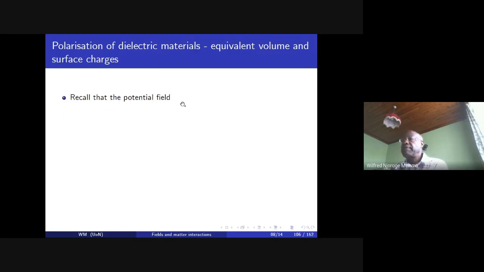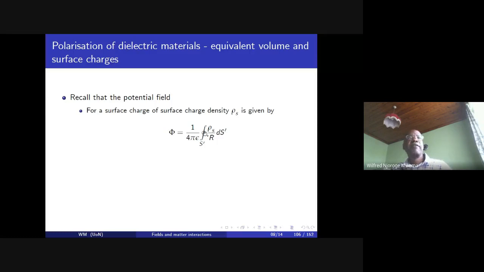We recall that the potential field for a surface charge with surface charge density rho s per unit area is usually given by phi equal to 1 over 4 pi epsilon, integrated over the surface surrounding that point source or the charge distribution, rho s over r ds prime.